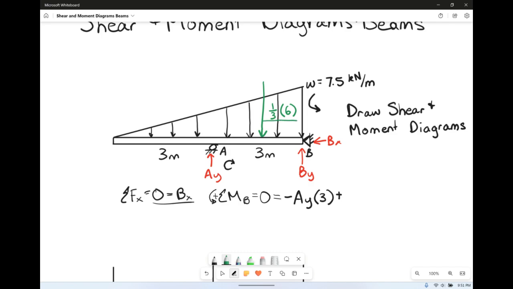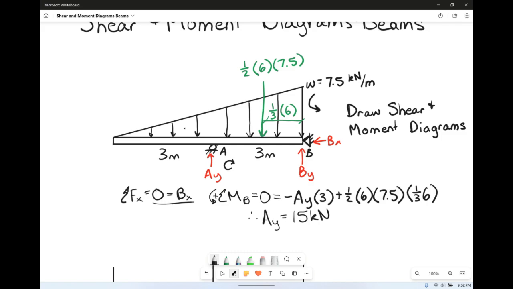So that's that distance right there. His resultant force is again going to be 1/2 times the base of 6 times the height of 7.5, and again, we want his distance over. So all of that together is 1/2 the base times the height for the resultant force times his distance of 1/3 times 6. So we get that AY is equal to 15 kilonewtons.